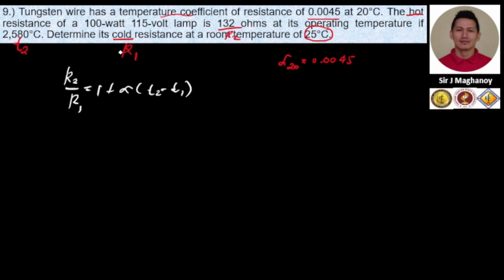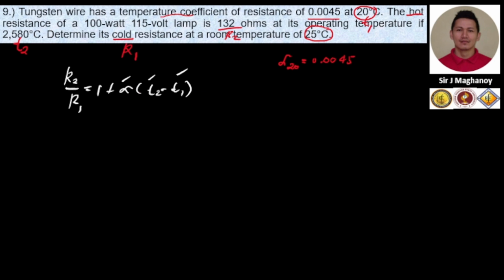Let's evaluate the given. Do we have the temperature coefficient? Yes. The final temperature? Yes. The initial temperature? We have 20 degrees. That would be our T1.